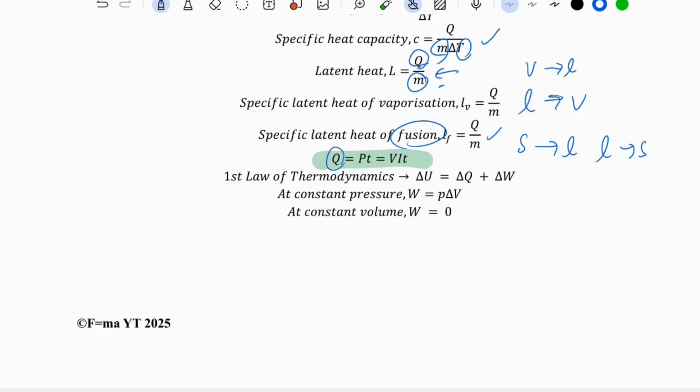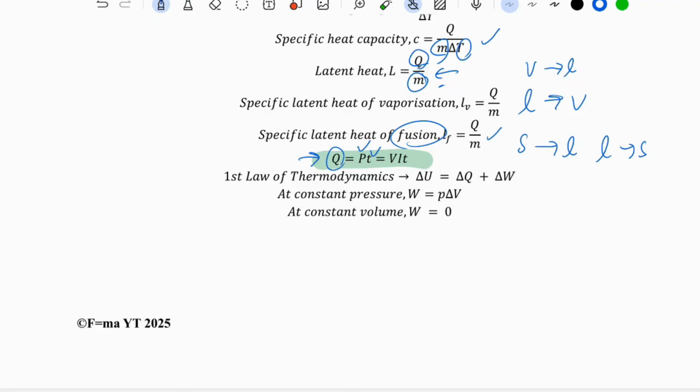So the heater, they mention the power of the heater. With that information, to find your heat energy, you take your power times the time. Or you take VI, because power is also equal to VI, right? So you take P equals VI times the time.